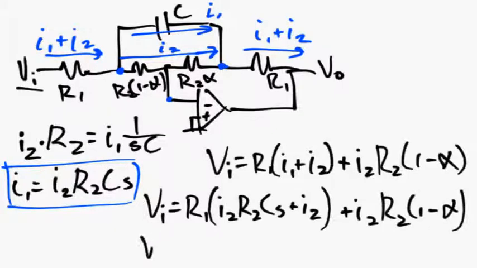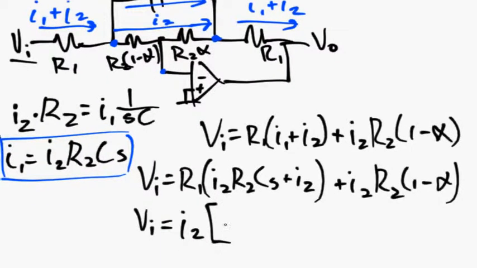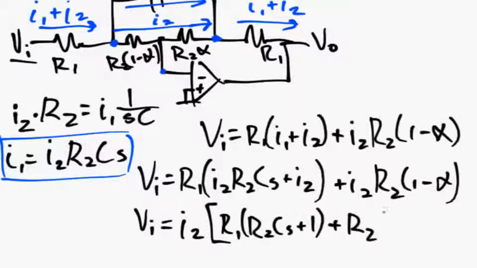Grouping the currents together, we get I2 times this big quantity of R1 times R2CS plus 1, plus R2 times 1 minus alpha.